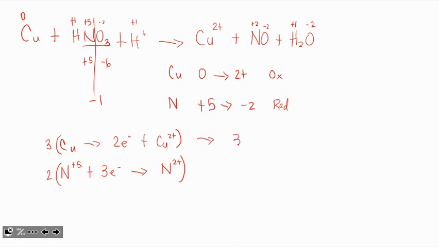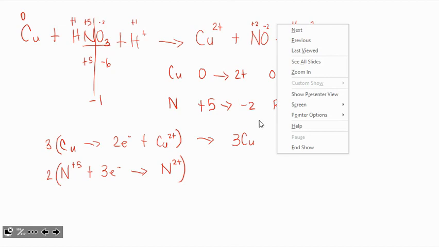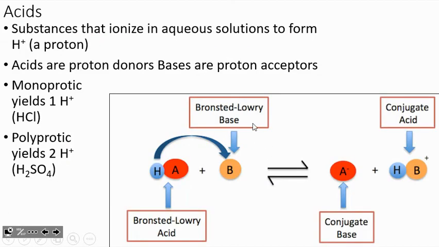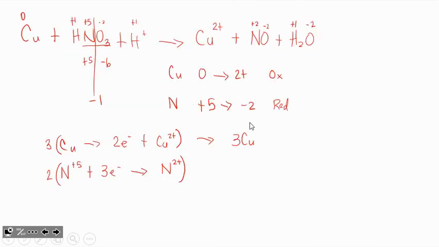So I'm going to have 3 copper yields 6 electrons plus 3 copper ions.